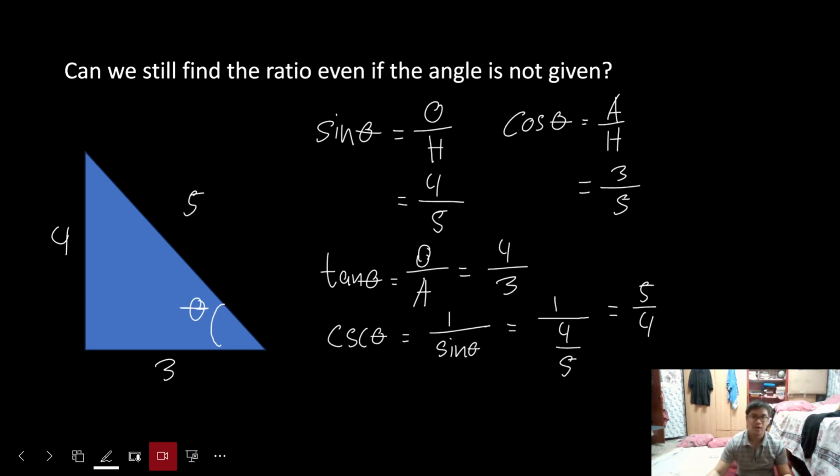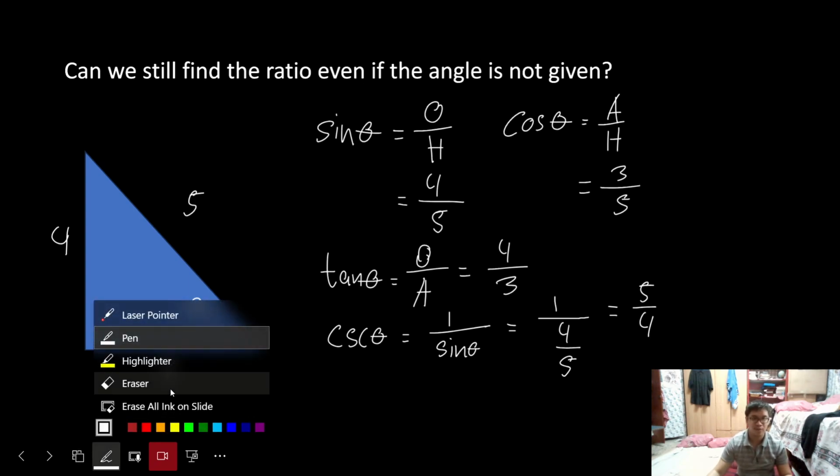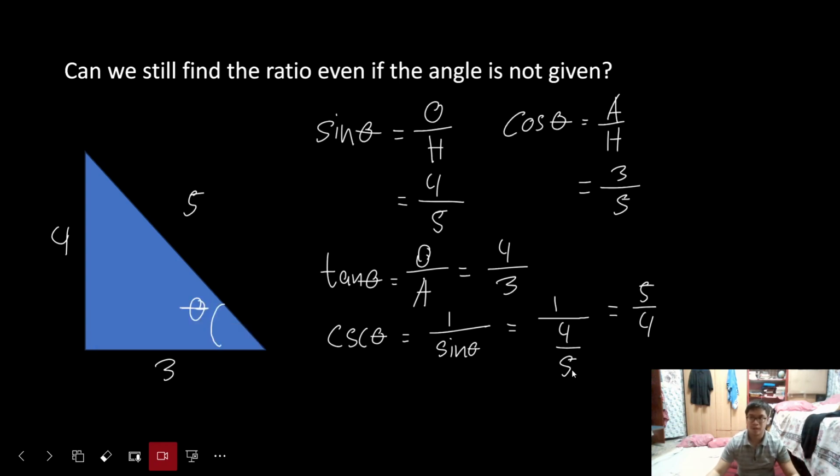Or if you're not that type of person, just know the formula of the ratio of the sides: cosecant theta is equal to hypotenuse all over opposite.